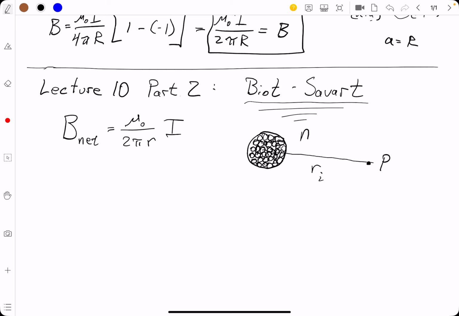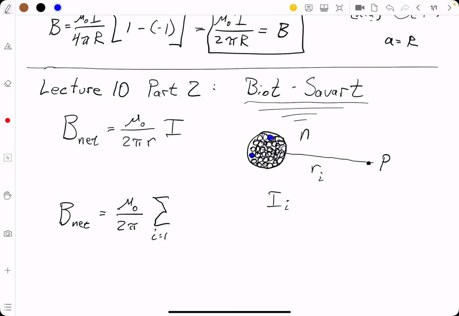And we'll say each one of these guys has a current. Now, who knows what the current is in each one? So we don't know. So then we're going to get this equation where we say mu naught over 2 pi times some sum, where i equals 1. So let's say this is number 1 right here, and this is number n right there. I'll color 1 in blue, and I'll color n in blue.